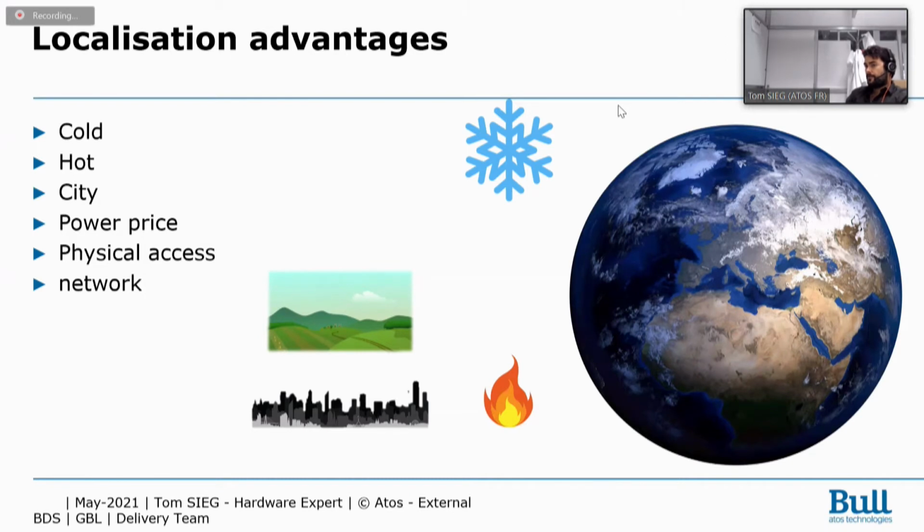Of course, your environment could be hotter. For example, if you are in the desert, you will have temperatures higher than 40 degrees. But you will be able to have a lower temperature inside the data center room, but it's more difficult to maintain.